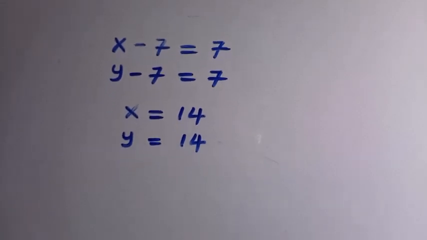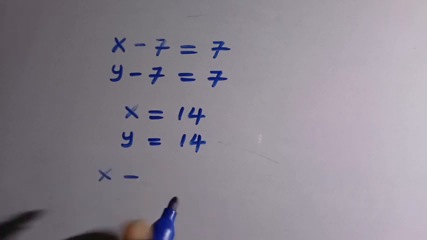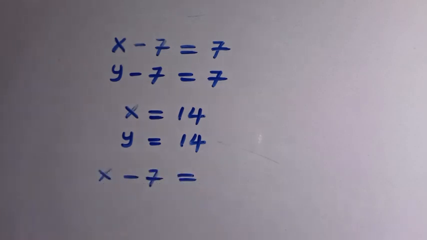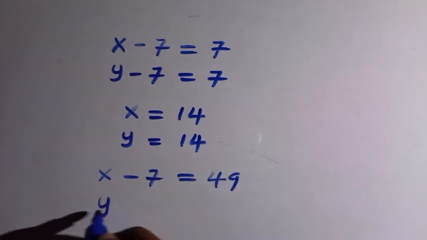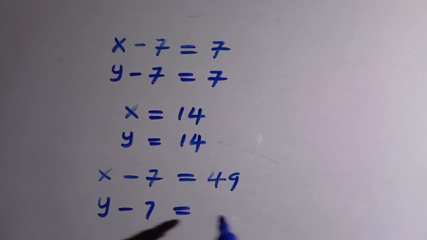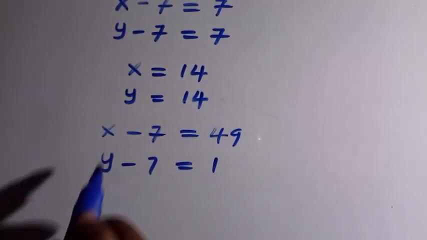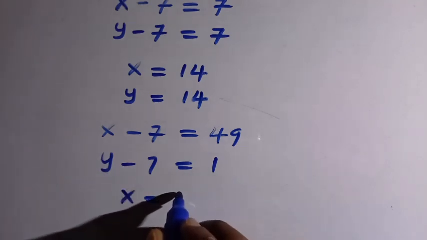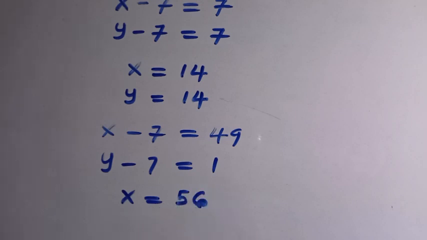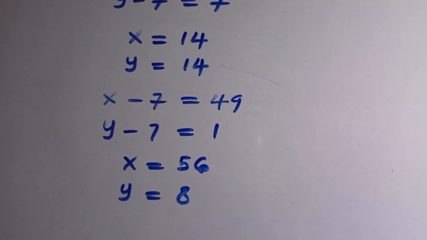And also when we consider the other part, which is x minus 7 equals 49 and y minus 7 equals 1, we get the value of x equals 56 and the value of y equals 8.